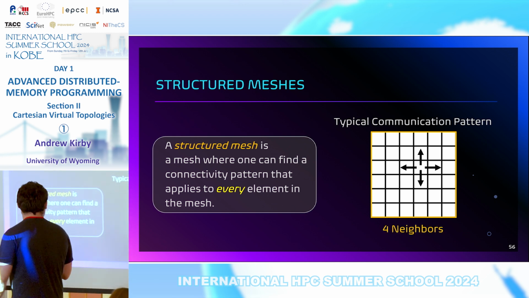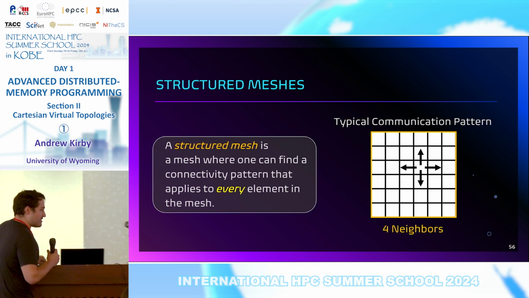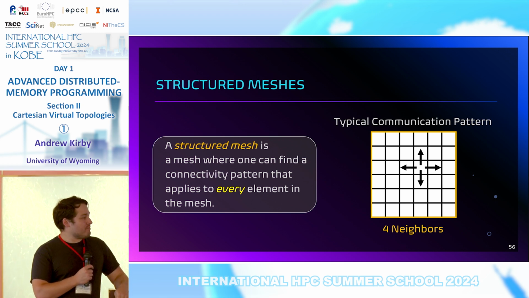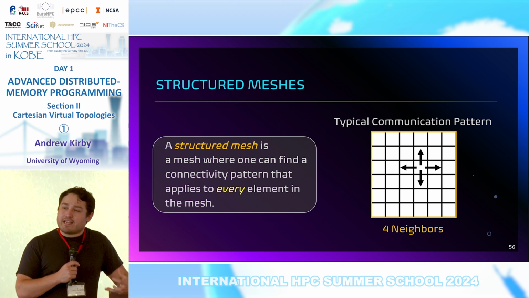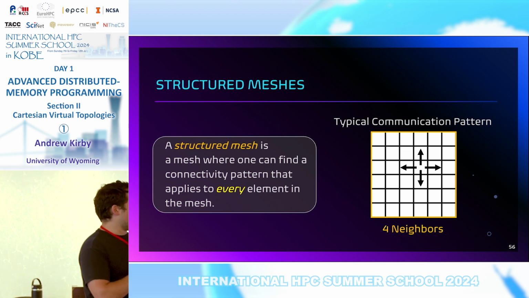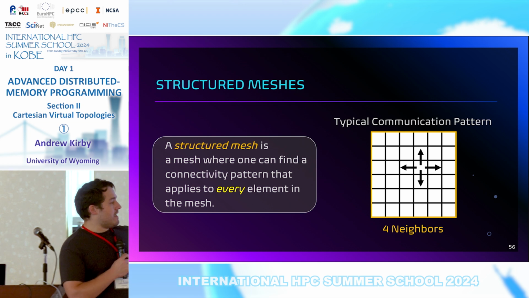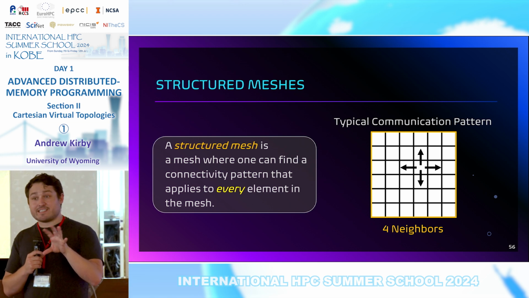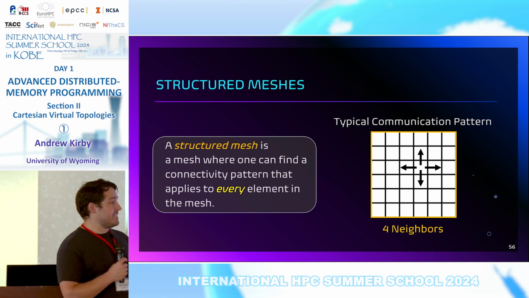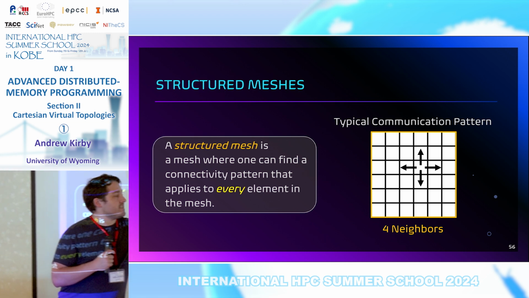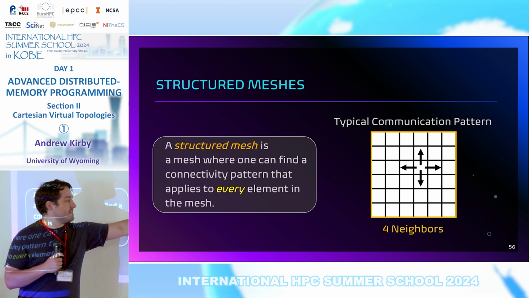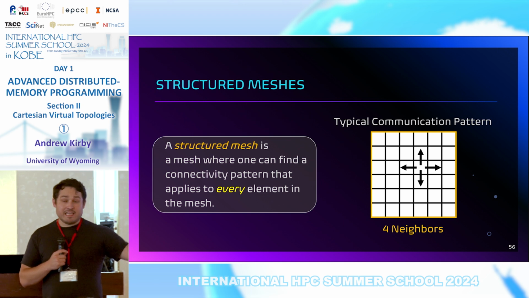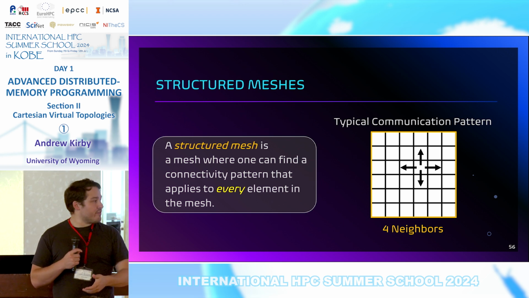Okay, what is a structured mesh? A structured mesh is simply a regular connectivity pattern where all the communications for every element are essentially the same. So in a Cartesian mesh, we know this element block is going to communicate with its nearest 4 neighbors: east, west, north, south.